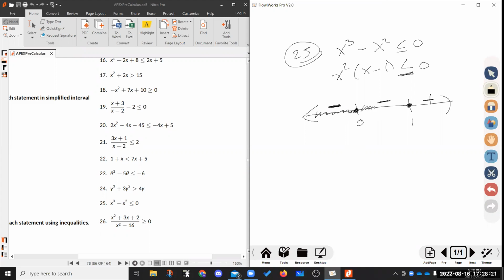It's there. It's also there. And since I include this point 0, it's everything from -infinity to 1. I don't have to stop at 0 and start again because it was included. So all that was shaded from -infinity all the way over to 1.